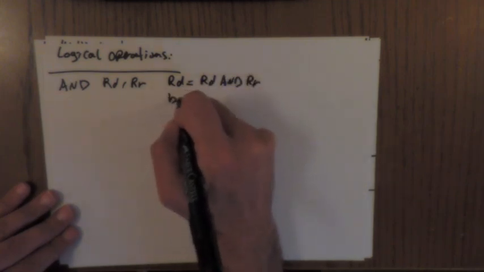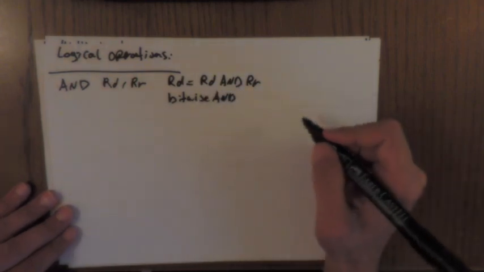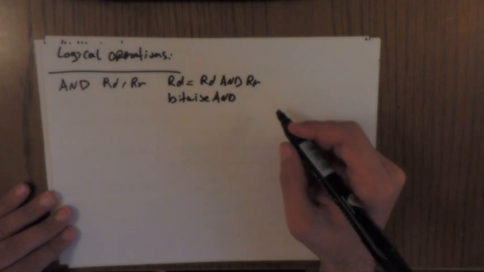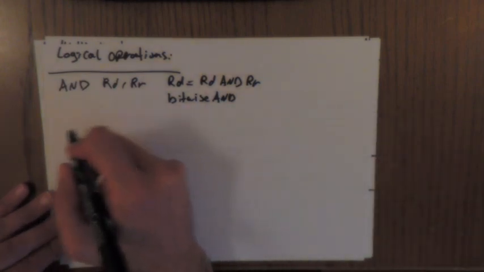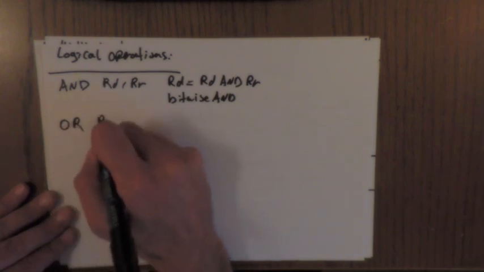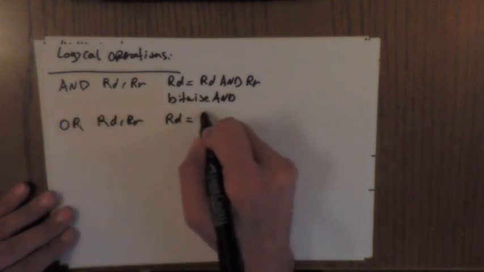It does something called bitwise AND, which is ANDing the two numbers bit by bit. I'm going to explain this concept later. So OR, also RD, RR, is also a bitwise OR.